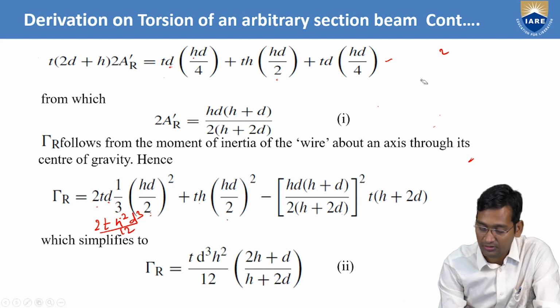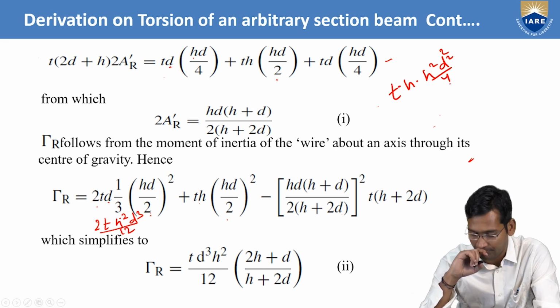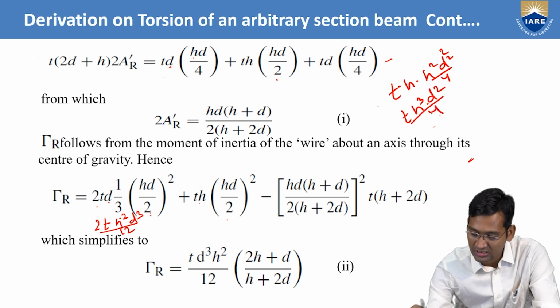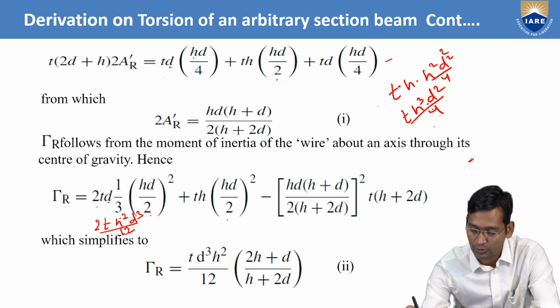Now similarly for this term, this will be th into h square d square by 4, or you can say this one as t h cube d square by 4. Here we got 12, so we are making it in terms of 12, then it will be easier.